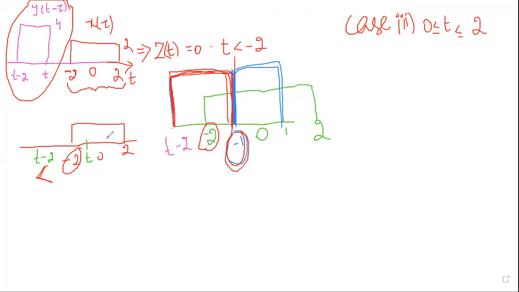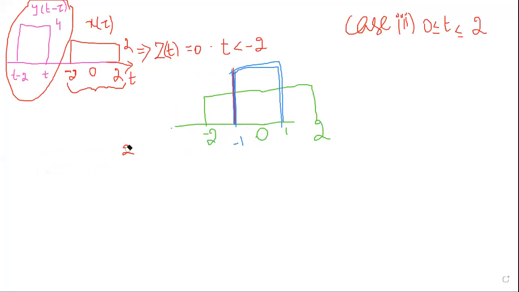But this -1 was not given in the x of t. For understanding purpose, we ourselves have splitted the timings. So it was ended at -1. If it is ended at -1, the next shift should start at -1. That's it. You make a note in your notebook. If you do not understand now, also later when you write that hint, you will understand it. So now this is my new signal.